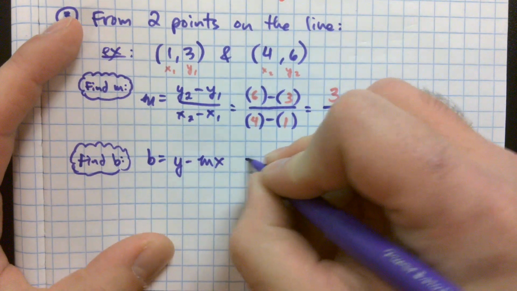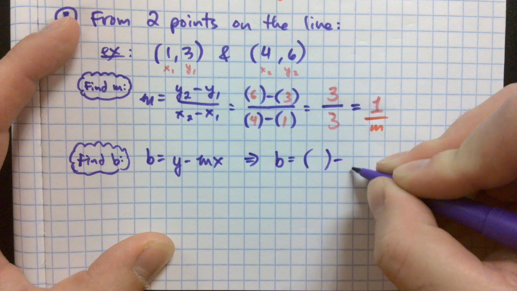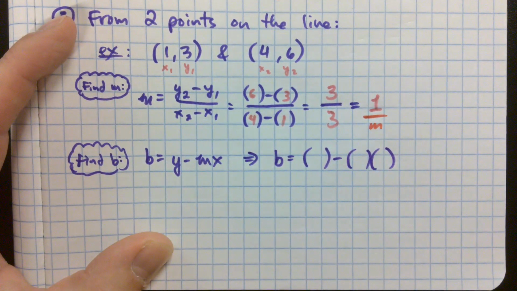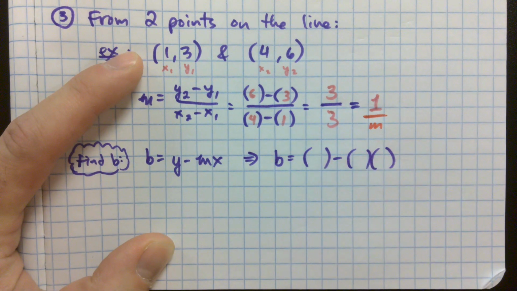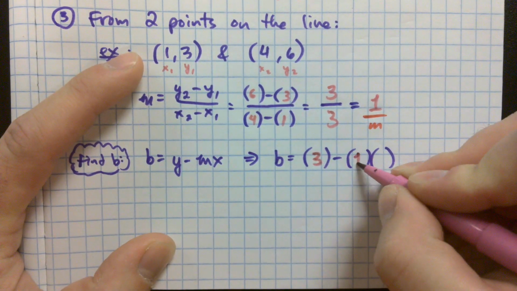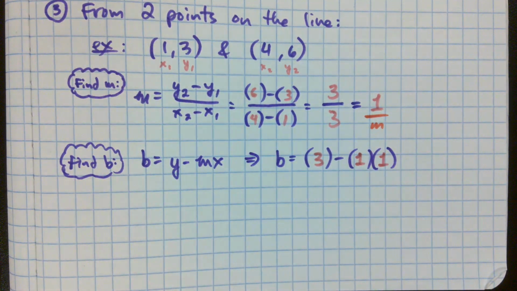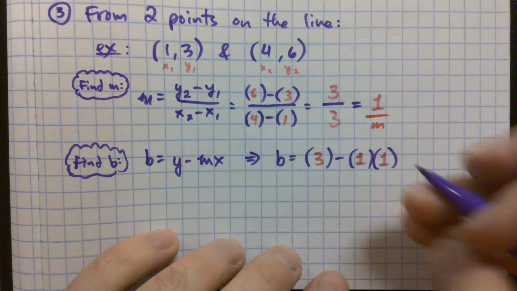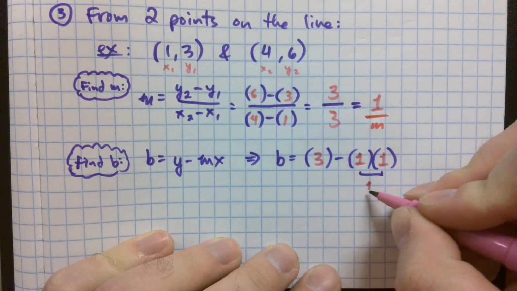And we'll solve it out, see what we get. So b is equal to something minus something times something. My y was 3. My m that we just found was 1. And my x is also 1. 1 times 1 is, of course, just 1.